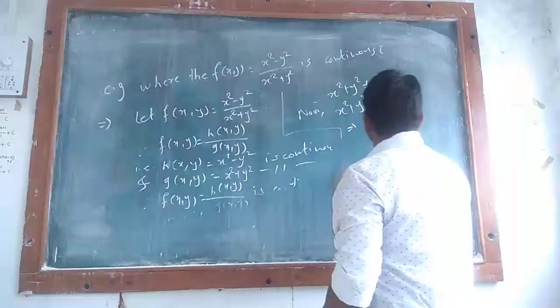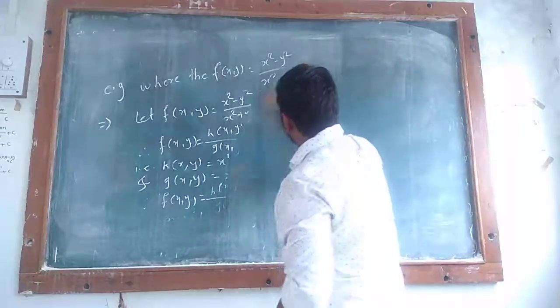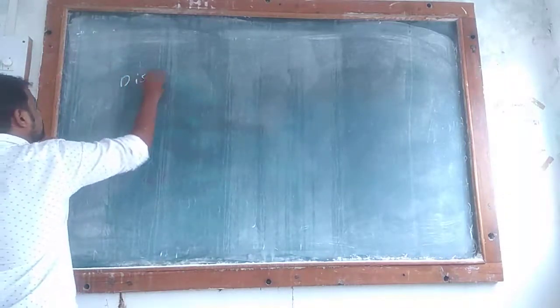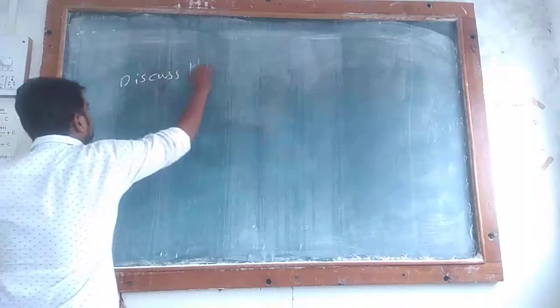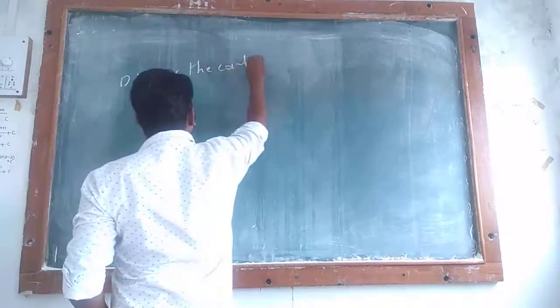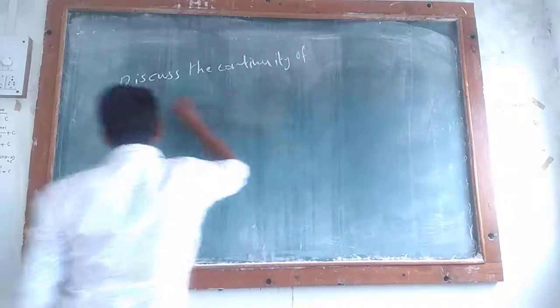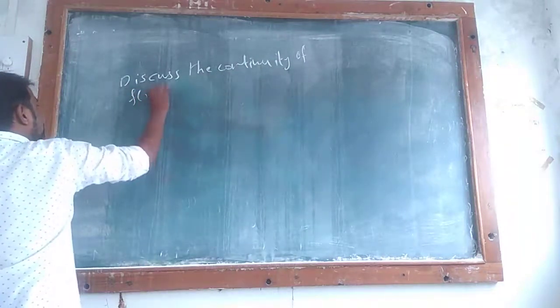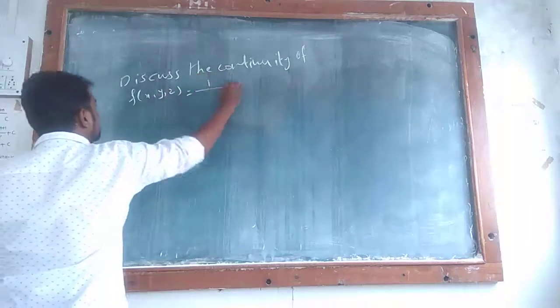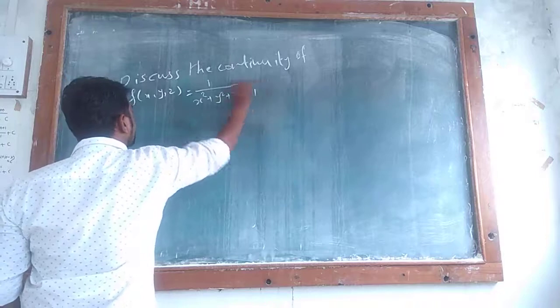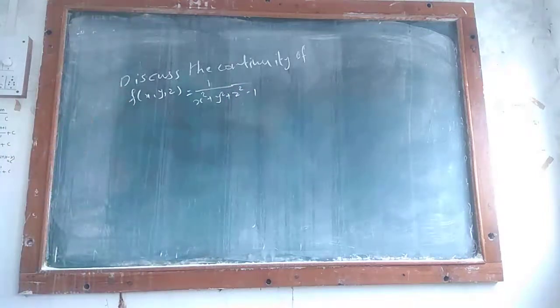Now we see the next example: discuss the continuity of f of x, y, z equal to 1 upon x square plus y square plus z square minus 1.